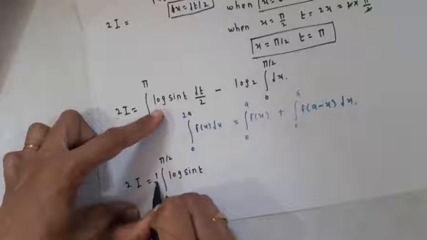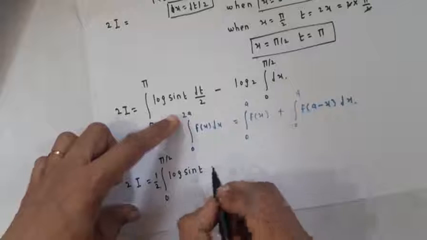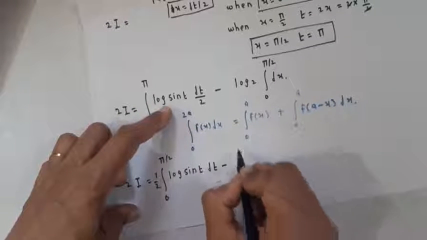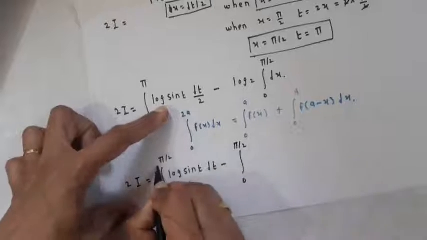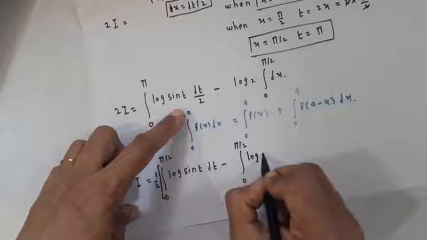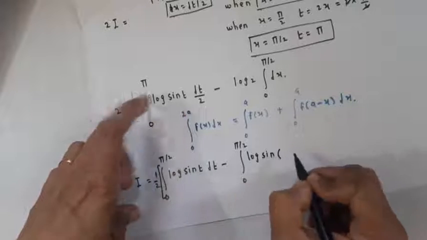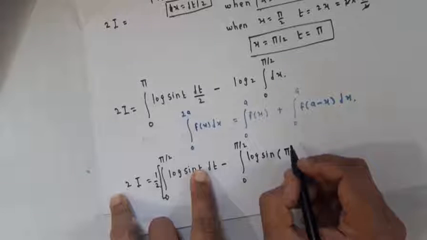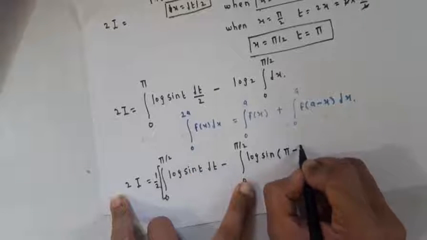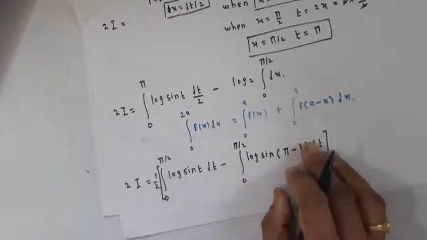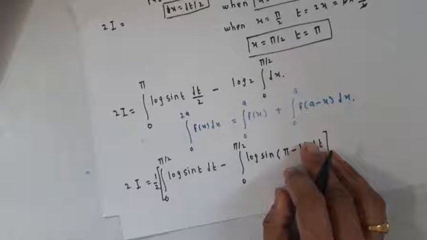This 1 by 2 we will take outside as a constant with respect to t, minus integral 0 to pi by 2 of log of sine of pi minus t with respect to t. Okay, in this way.